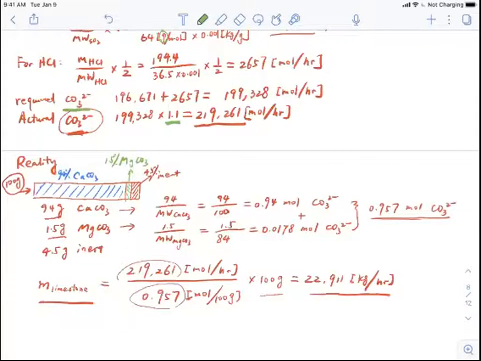This limestone is quite complex in terms of its chemical composition, but we can find out per 100 grams of the limestone how many carbonate ions it can provide. And then we divide the total number of the carbonate ions by this unit number of the carbonate ions to find out the mass required for the entire system.